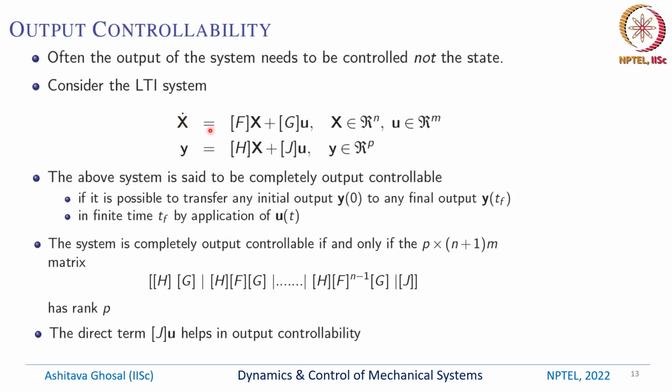So we are not really interested in going from x of 0 to x of tf. We are more interested in going from y of 0 to y of tf by applying u in finite time tf.